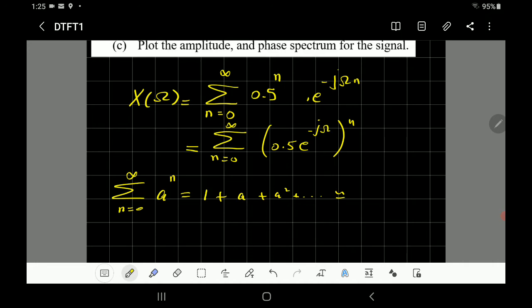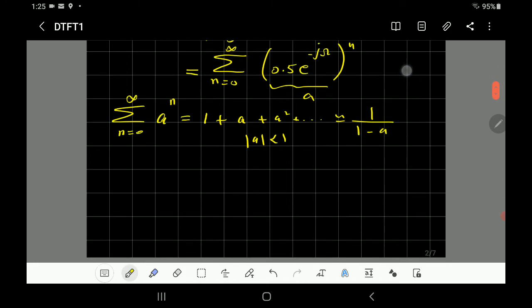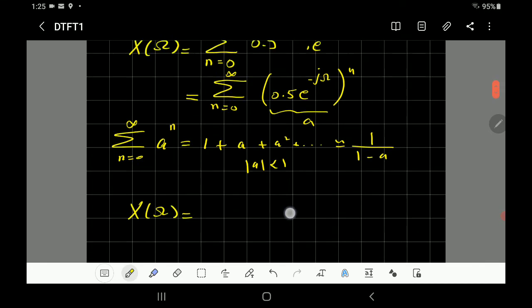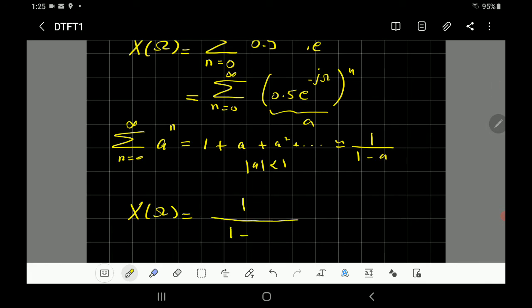And we say that if the magnitude of a is less than 1, you may approximate it as 1 over 1 minus a. True? Now this is my a. So now I can write X of omega is equal to 1 over 1 minus a, and a is equal to 0.5 e to the power minus j omega. So that will be your answer. All right, this is your answer.